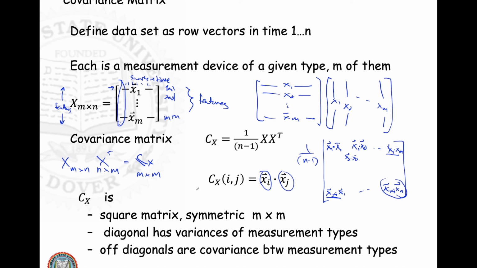Okay, and so this covariance matrix, convince yourself, is the scaled outer product of the special design matrix over measurement types or features in time, nothing more than the outer product between systems of measurement types. The diagonal elements of this matrix are the variances, and the off-diagonal components of this matrix are the covariances.